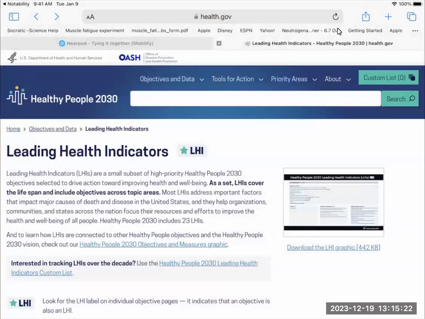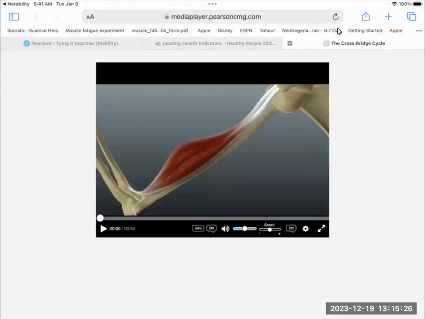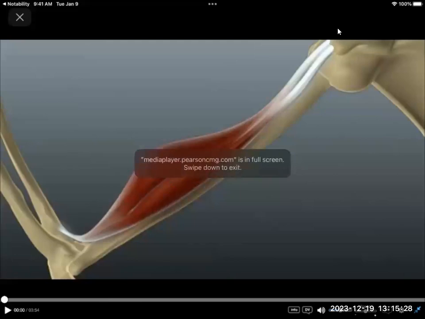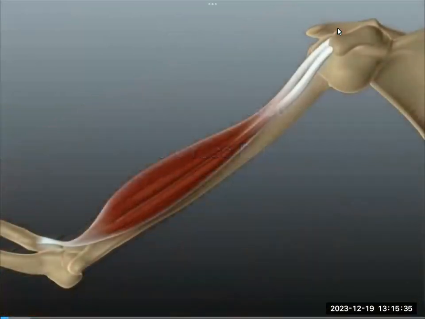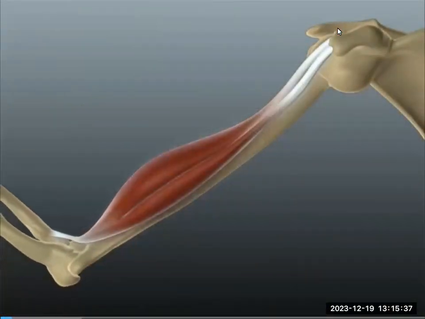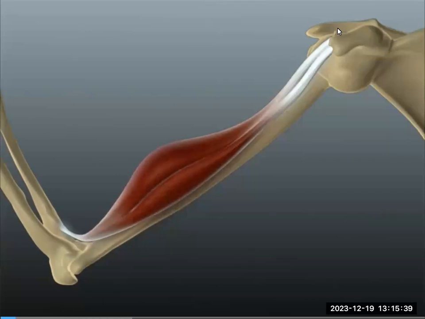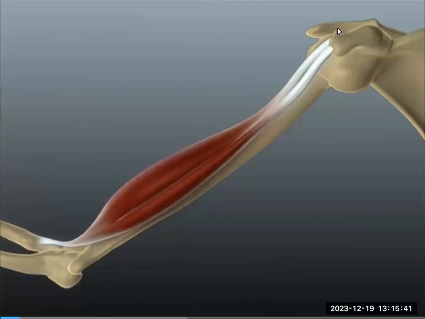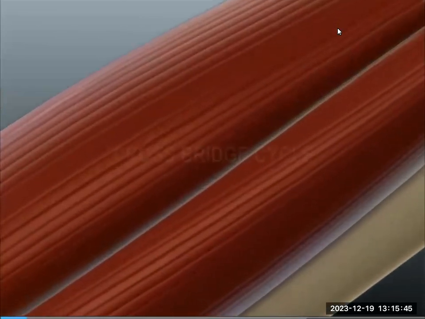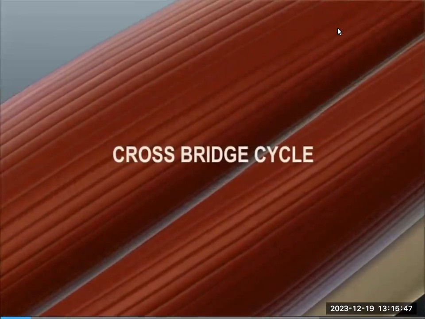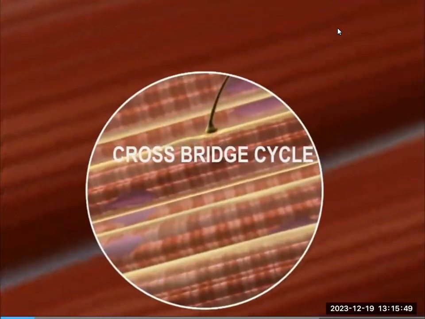So let's look at this happening here. For a muscle to contract, we're going to look at this cross bridge cycle.